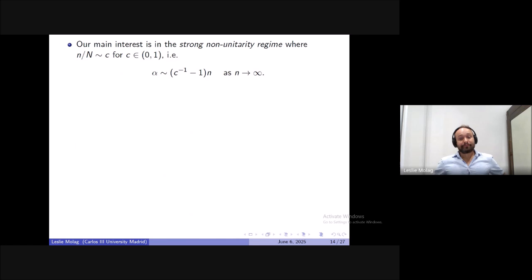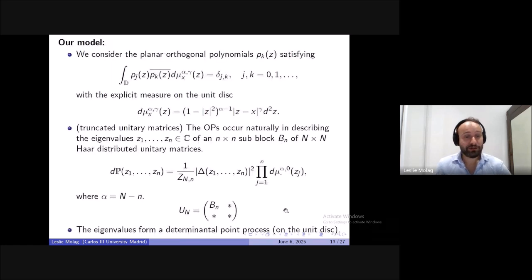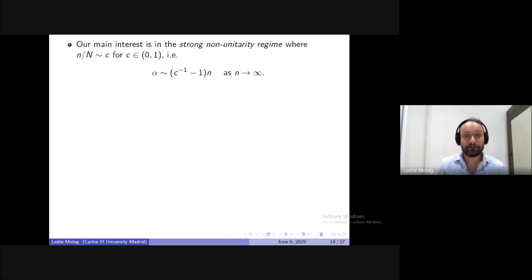So you have some options for this parameter alpha. It basically tells you how big your subblock is. And our main focus is the case where capital N and n are proportional to each other, so they both grow with n. This is often called the strong non-unitarity regime.